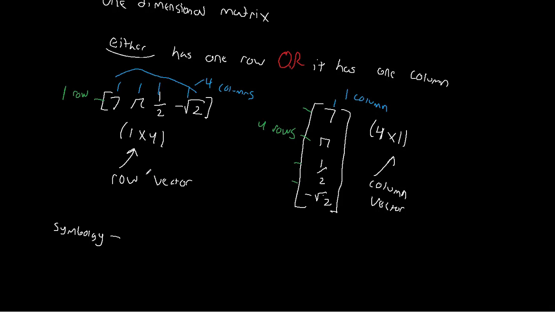With matrices, we symbolize them with an uppercase letter. With vectors, we use a lowercase letter, but we also put a little symbol above it. So for example, we could do something that looks like this. Right, lowercase letter with an arrow above it. Okay, this is how we symbolize vectors.